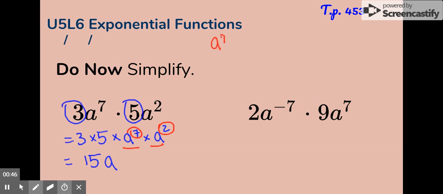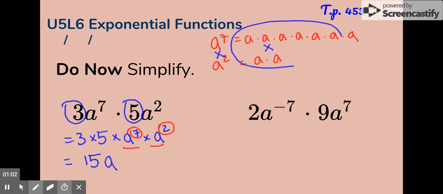So a to the 7th and a to the 2nd power. If I multiply these two, how many times do you actually multiply a in total? A to the what power? 7 plus 2, a to the 9th power. So it's going to be the 9th power.